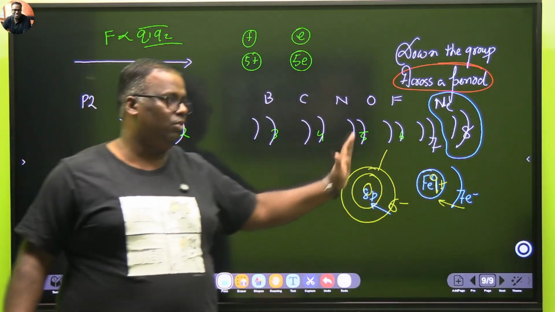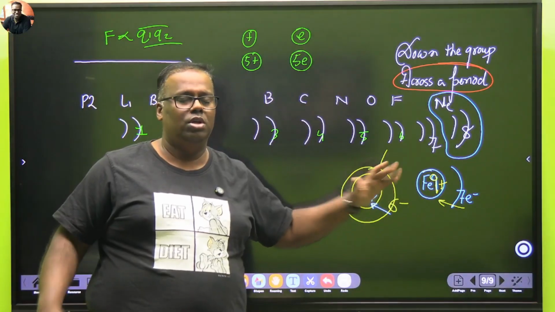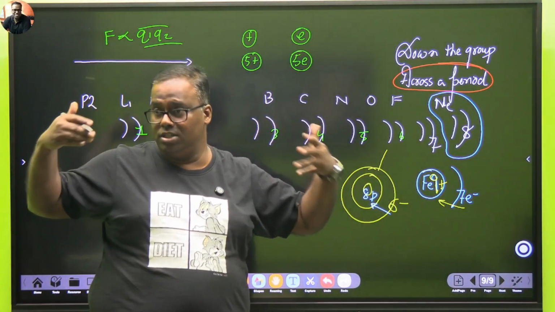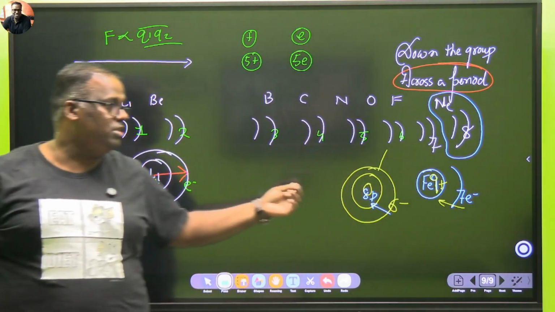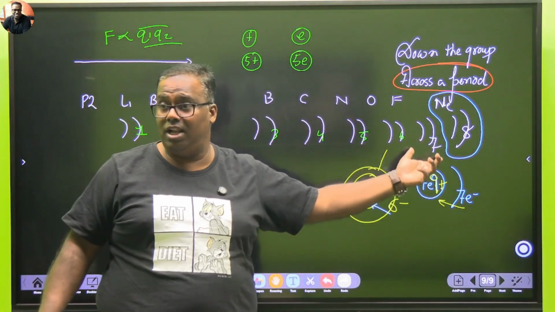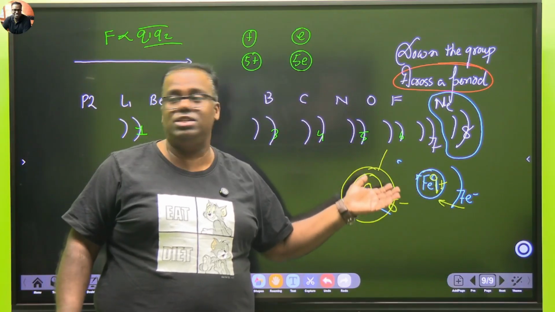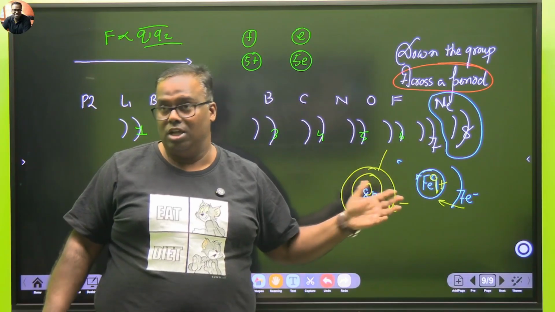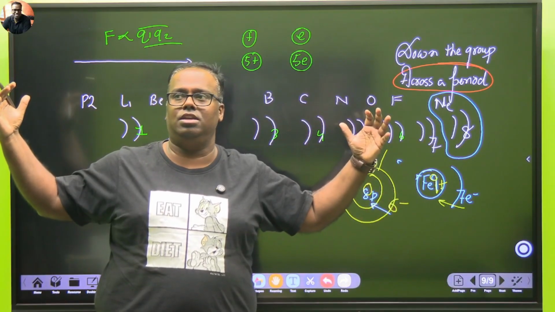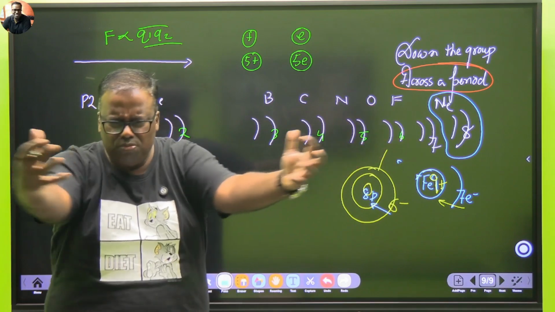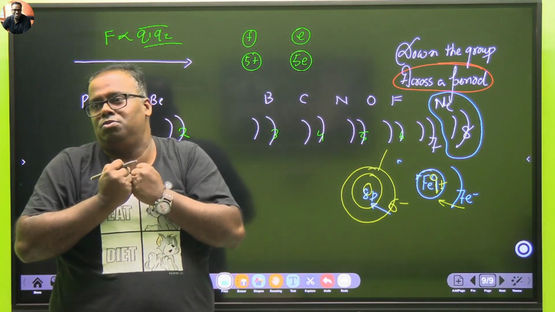As you go across a period, the nuclear positive charge increases. Electrons are added in the same shell. Shells don't increase, so there is no question of a shielding effect. The central charge is increasing, so it has more control on the outermost electrons.